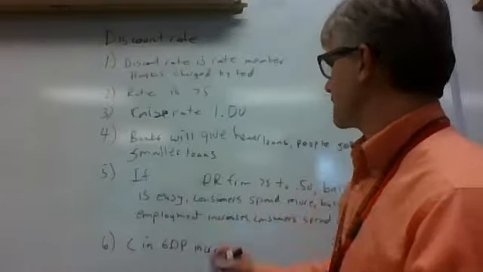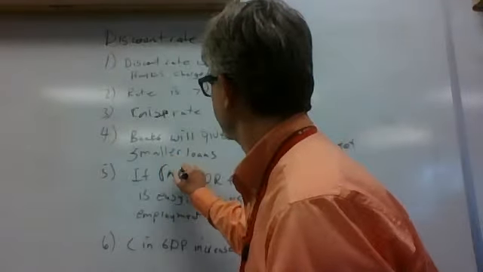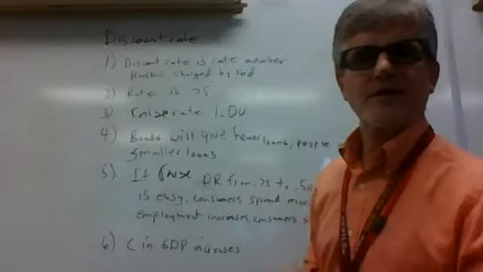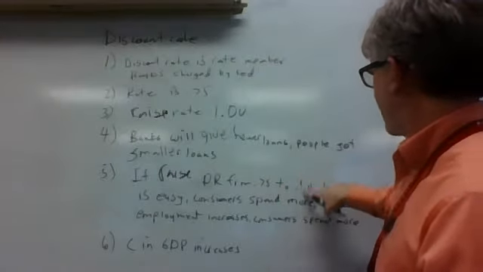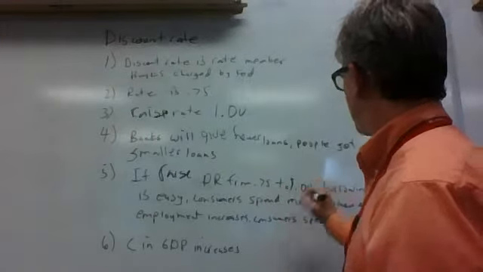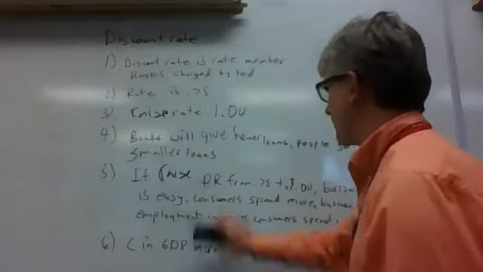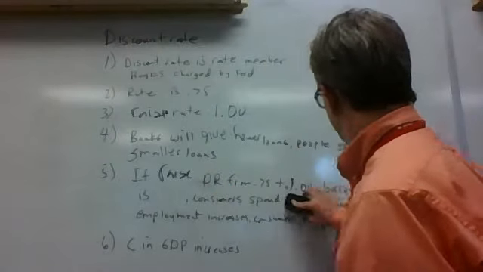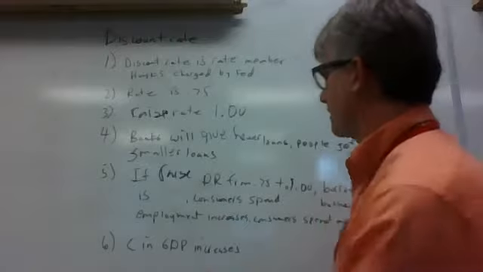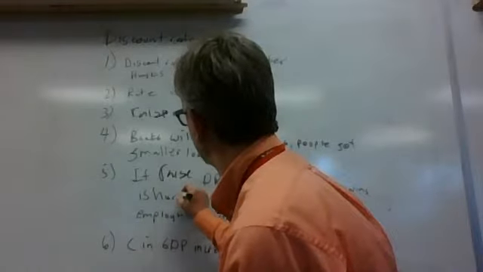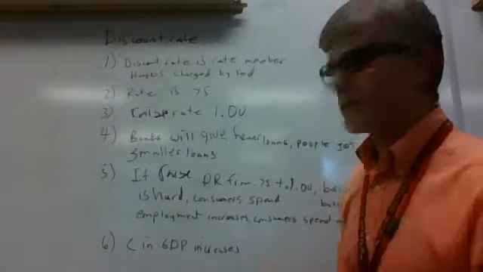Now, on the conclusion, if we raise the discount rate from 0.750 to 1.00, then we've got borrowing is difficult. Borrowing is hard or difficult.